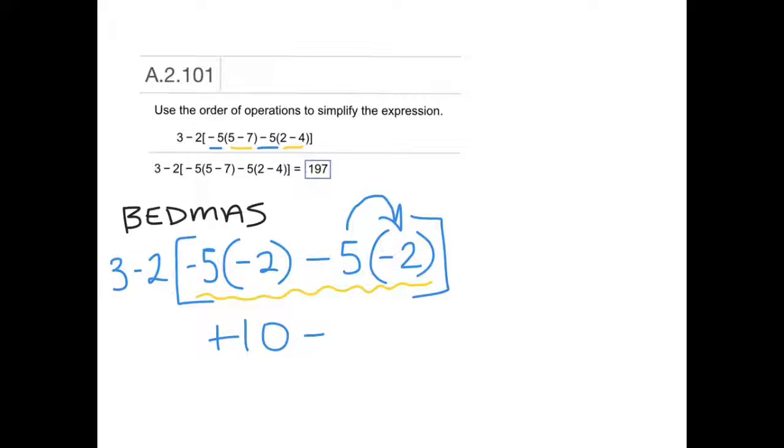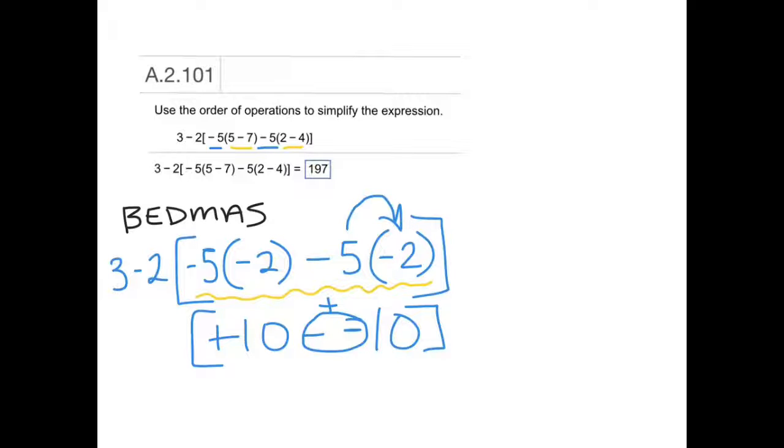So positive 5 times negative 2 is going to give me negative 10. However, two negatives make a positive. So my expression inside the square brackets simplified is positive 10 plus 10.